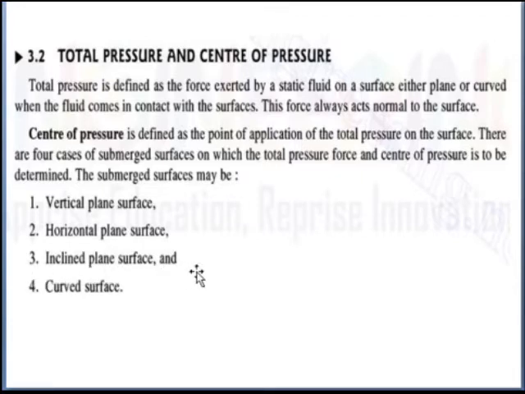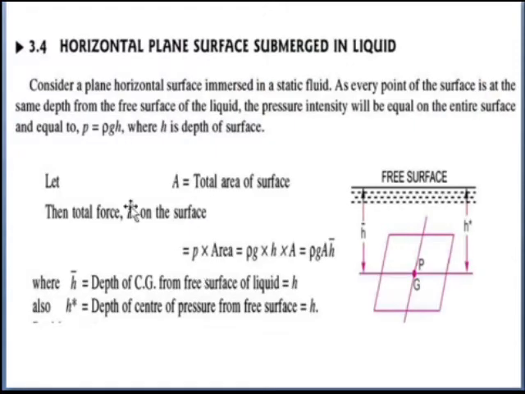So first we will go through the horizontal plane surface submerged in the liquid. In the figure you can see the plate, a rectangular plate, which is submerged in the static fluid. Consider a plane horizontal surface immersed in the static fluid.